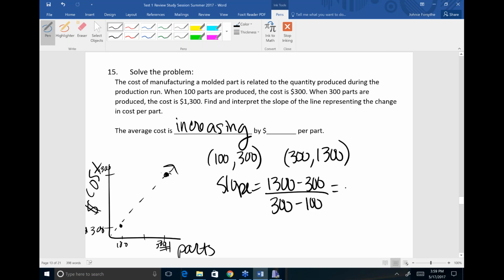So 1,300 minus 300 is 1,000, over 300 minus 100 is 200. And if I divide this, 1,000 divided by 200 equals 5. So basically, it is increasing by $5 per part.